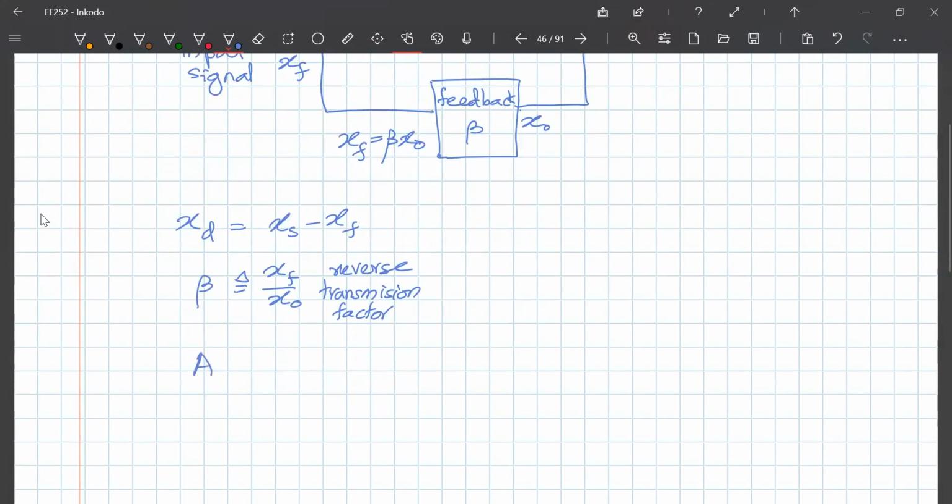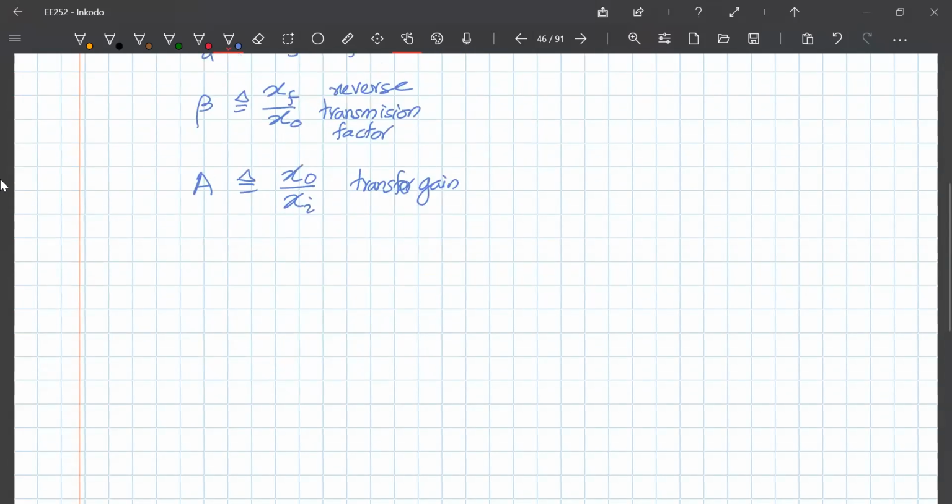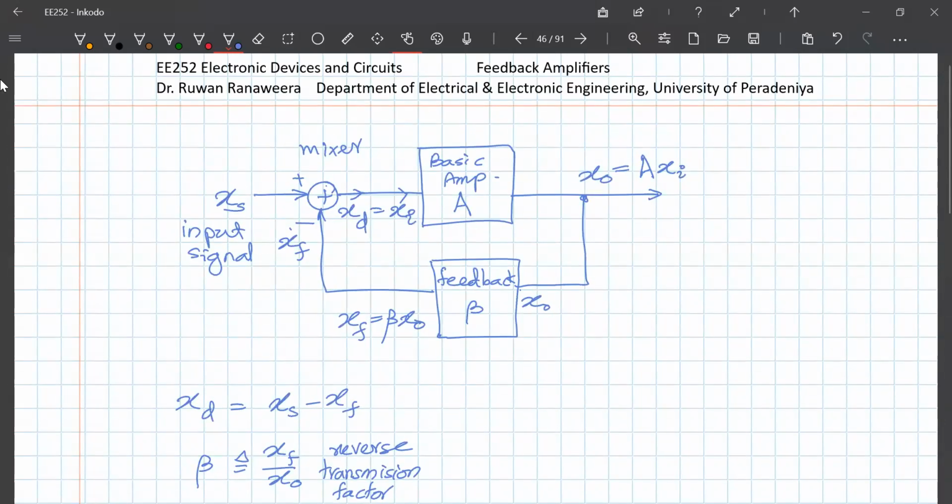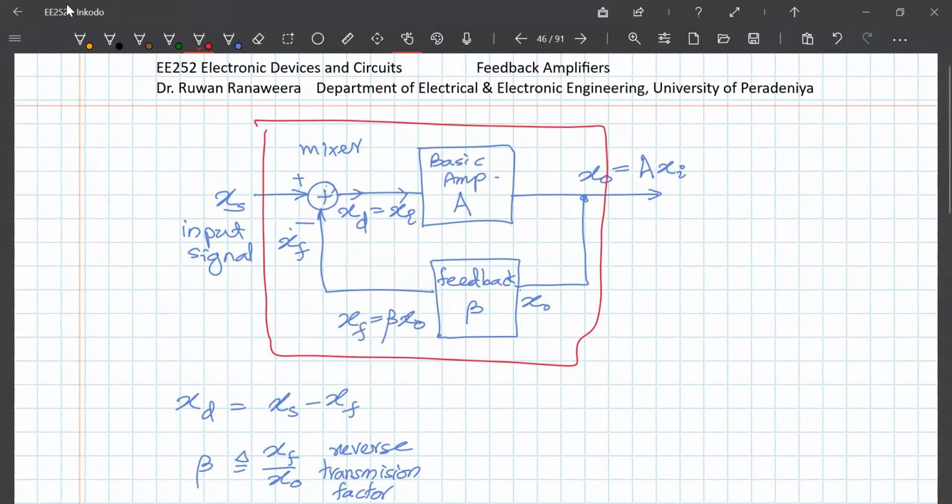Similarly, we define the gain of the basic amplifier A as the output divided by input, the forward transfer gain. And the gain with feedback is the output divided by XS. The total system, you can look at as a system like this.